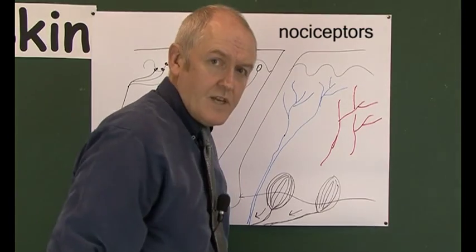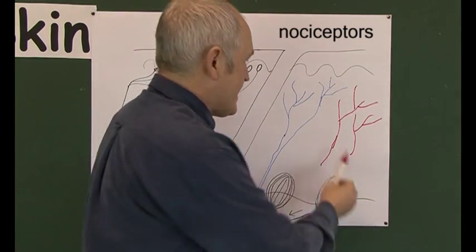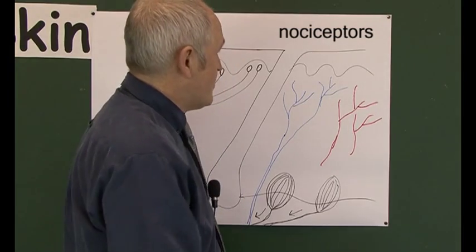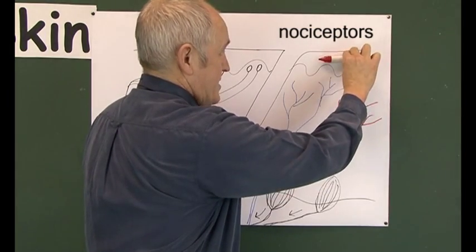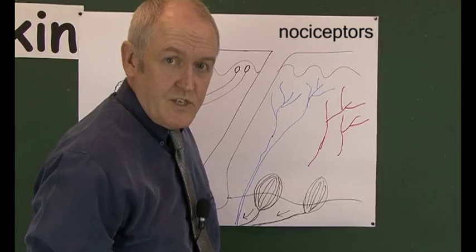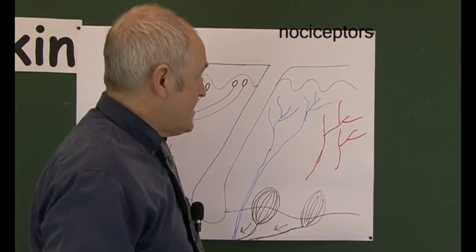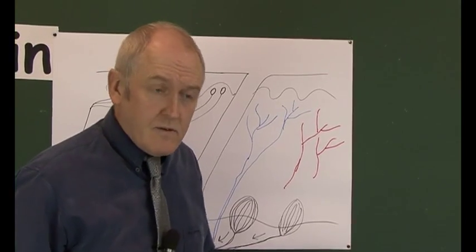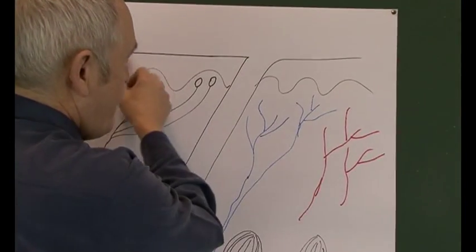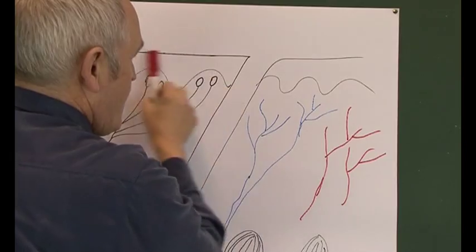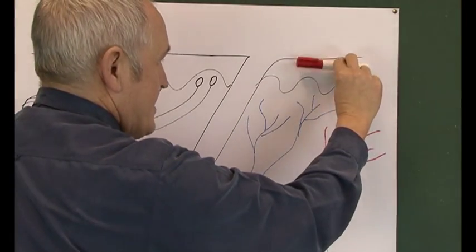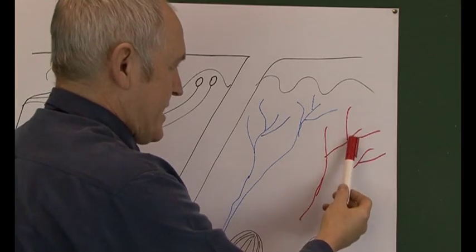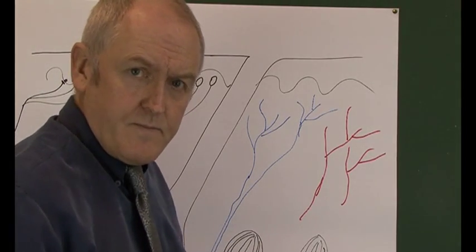It is the presence of the nociceptors that is making the dermis sensitive to pain. And of course the nociceptors don't go into the epidermis. It's the dermis which is sensitive to pain. This is why partial thickness injuries are so painful. So for example, if you have a partial thickness burn where this top part of the epidermis and top part of the dermis is burnt, you're exposing the nociceptors.